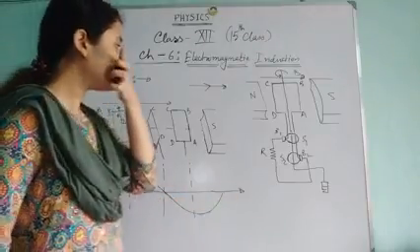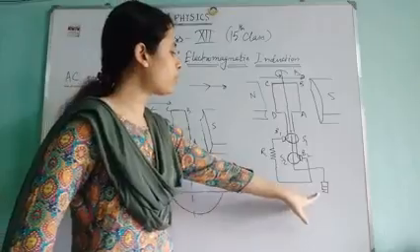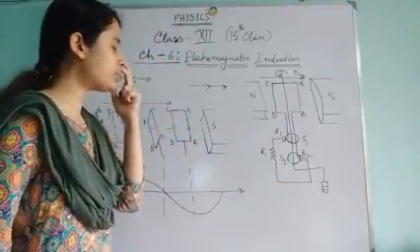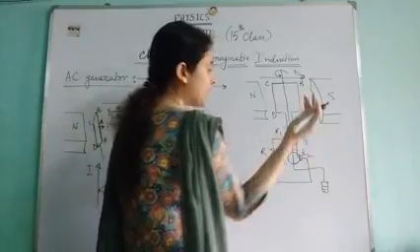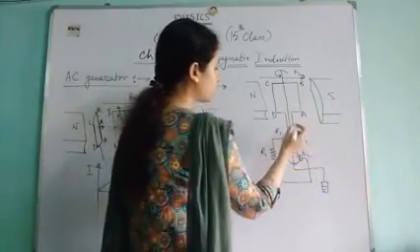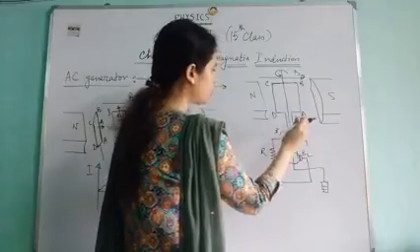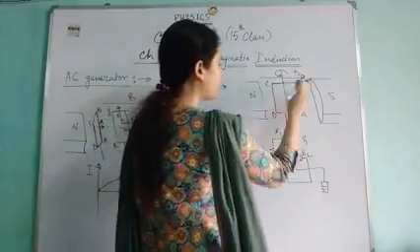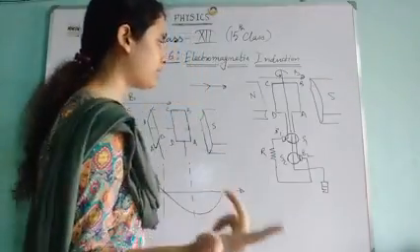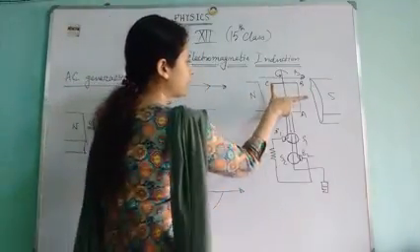Now, as I was telling you, when we rotate the armature, what is actually happening? As we have learned in class 10, when it is in this position, it will induce current because of the magnetic field. Let us apply Fleming's right hand rule. This is the magnetic field direction.